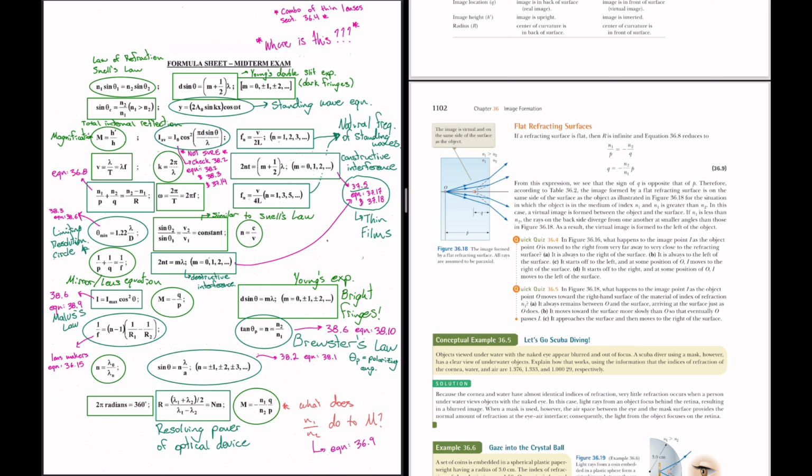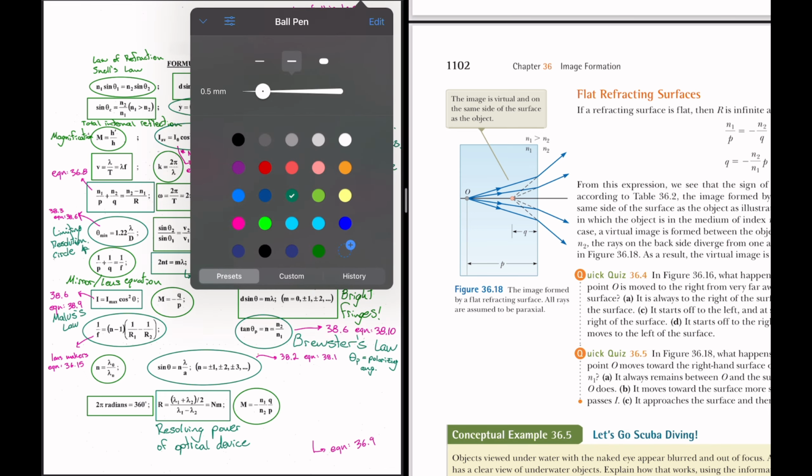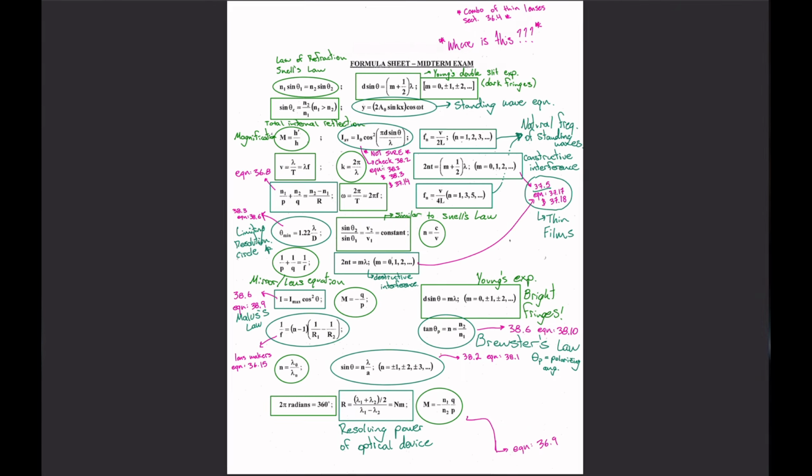So basically, if you have no magnification due to p and q, you just have kind of a flat refracting surface, you also get some kind of magnification, because of this problem here. So I will just erase this, and let me whip out my pink color here and just connect this over here. And now I can close the textbook.